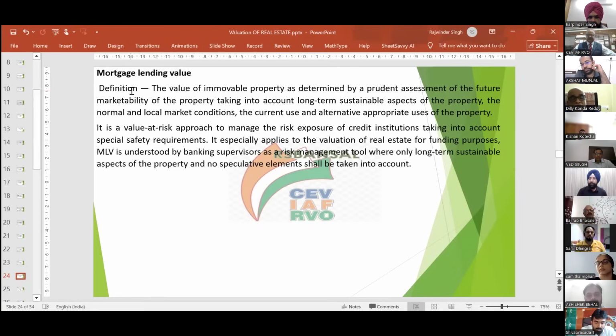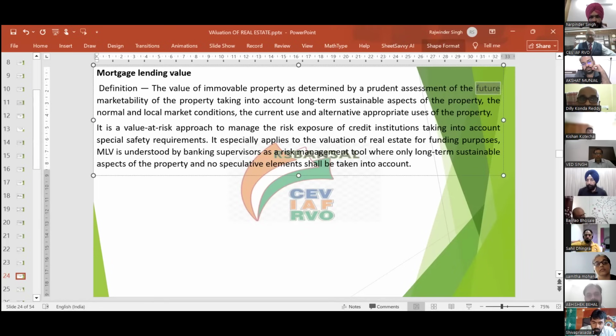In case after 3 years, 4 years, the loan becomes a non-performing asset and they have to sell the property. So basically, they have to check future marketability and long-term sustainable aspects in the property.